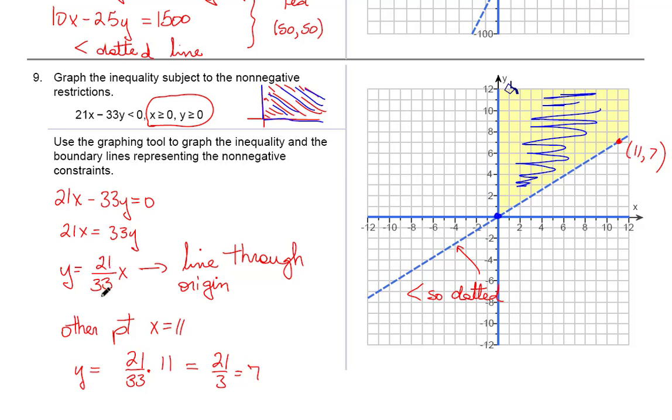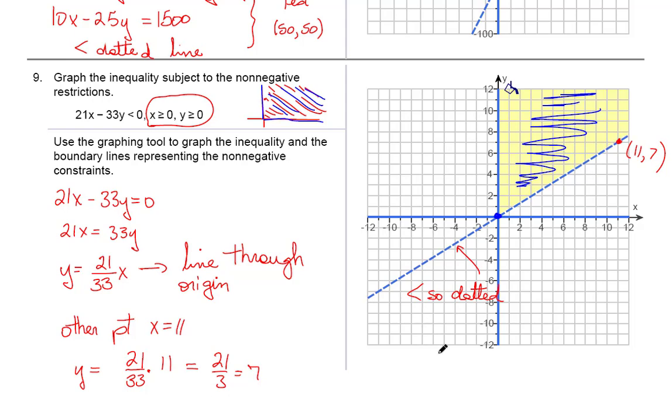That's an ugly looking number, so I'm going to pick something that I can fit on the graph and will cancel. So I'm going to pick 11 because I know 11 will go into 33. 11 into 33 goes 3 times, and 21 over 3 is 7. So that gives me this dotted line.